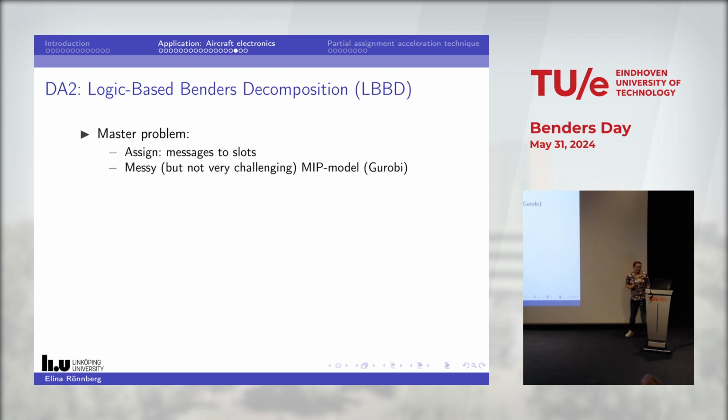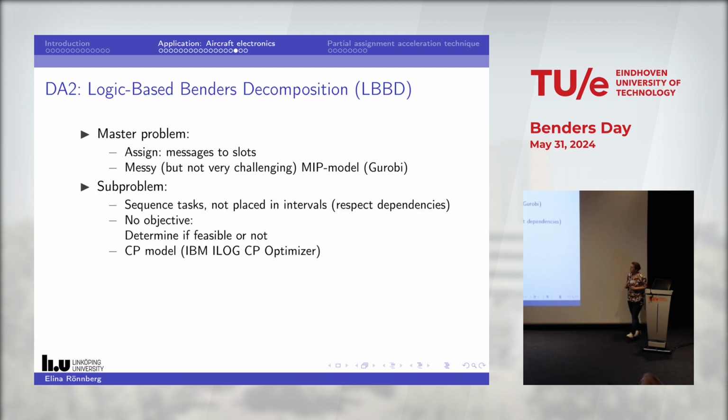The other part that I'm going to spend a bit more time on is the logic-based Benders decomposition. Here we assign messages to slots, but we do not assign tasks to intervals, and this still gives a rather messy master problem, I would say, but it's not challenging to solve. So Gurobi can solve this rather quickly. And for our subproblem, we want to sequence the tasks. They are not placed in these subintervals. We don't have an objective.